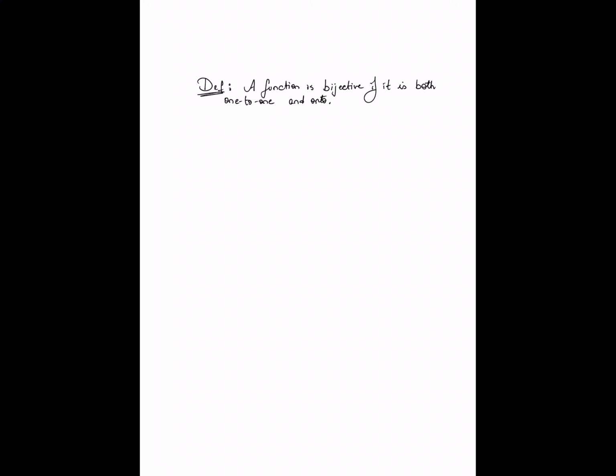In other words, a function is bijective if it is both injective and surjective. Okay, so it is primarily through this notion of bijections and injections that we are going to define our notion of set cardinality.